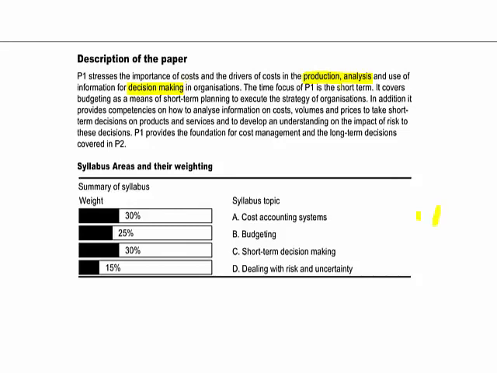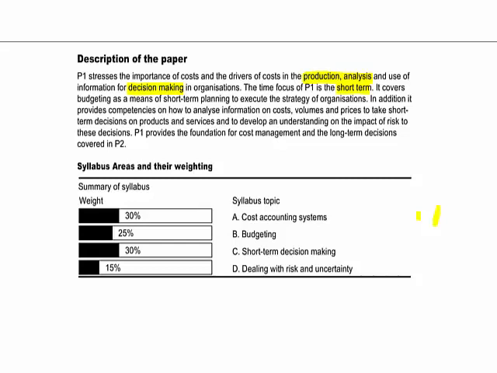We're thinking very much about making these decisions within the short term in P1. So this information will be used for a wide range of things within the short term of an organisation. For example, it could be used for budgeting as a way of helping the organisation to execute its strategy.